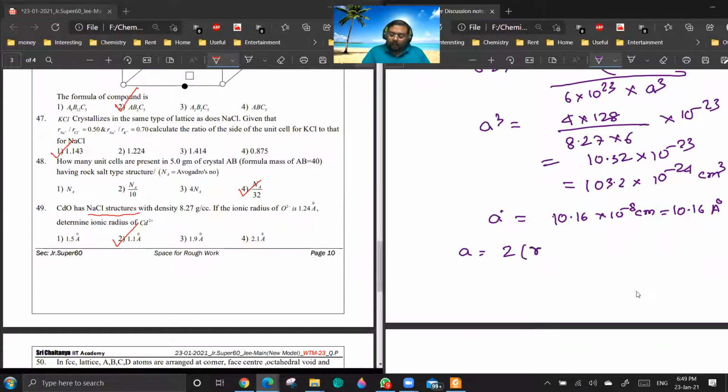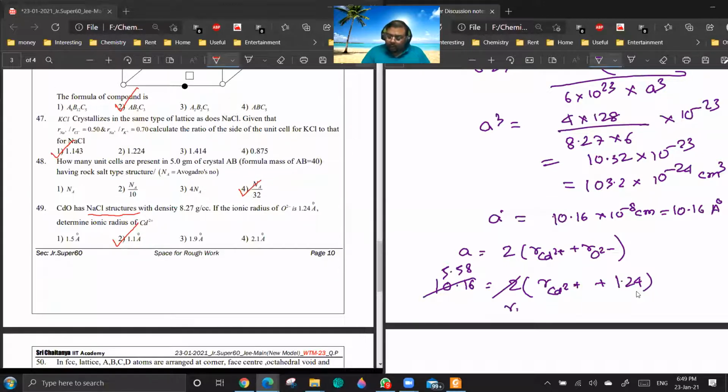2 into R of cadmium 2 plus plus R of oxide minus. Okay, so 10.16 is basically 2 into R of cadmium 2 plus plus 1.24. 1.24 is like 5 point, how much is it? 5.58, right?